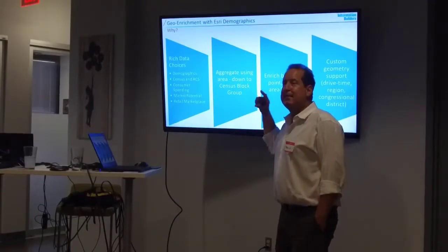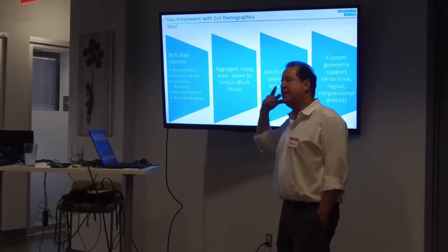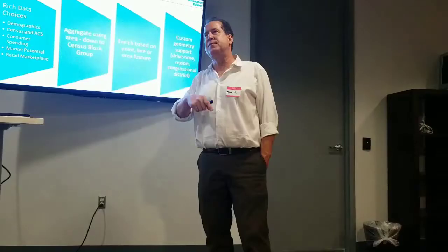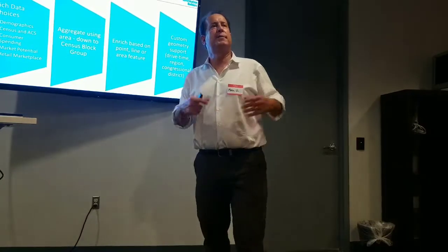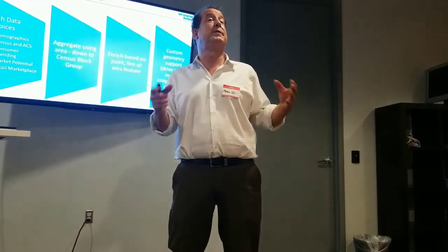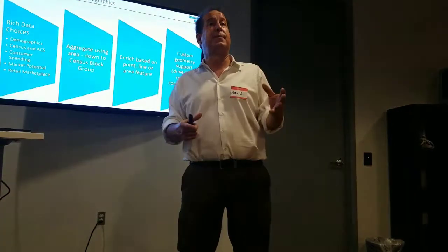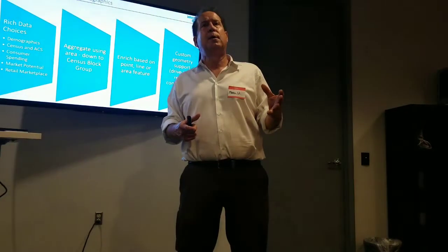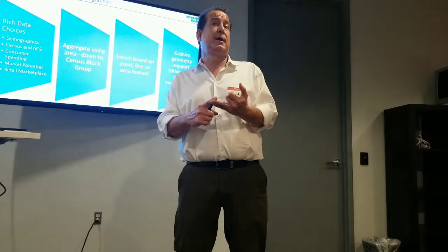But the basic idea behind what they provide, if you think about demographic information from a geographic perspective: if I want to look at everything within Fairfax County, okay, that's one thing. But if I want to look at everything by zip code within Fairfax County, that's a different way to aggregate the information, right? So how do I decide how to store the data and how to roll it up?